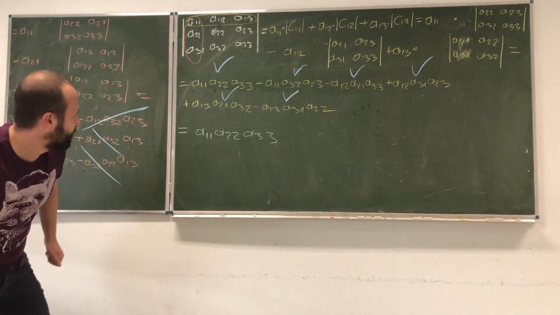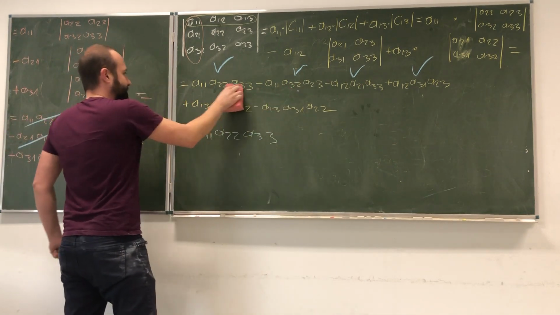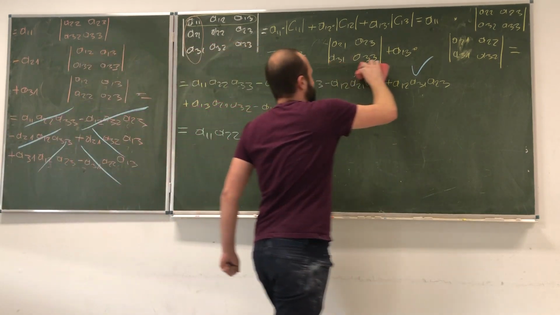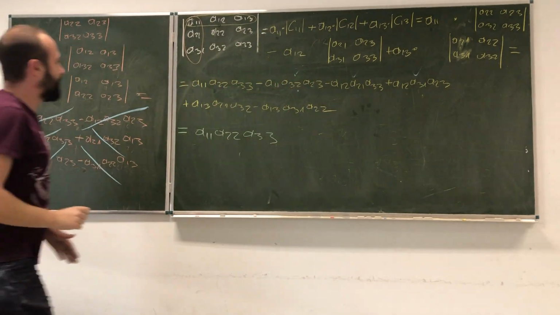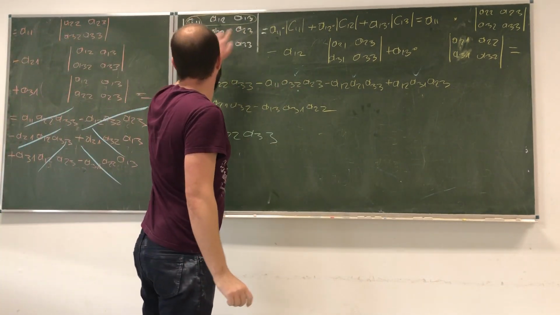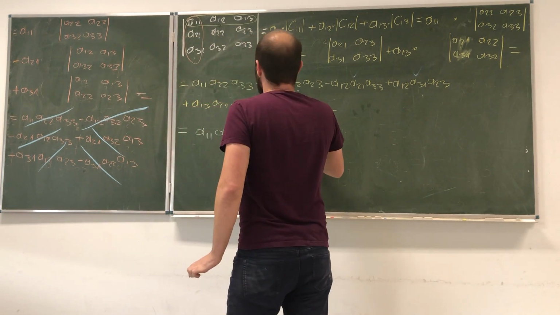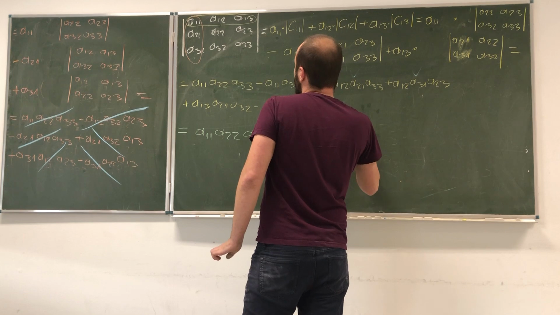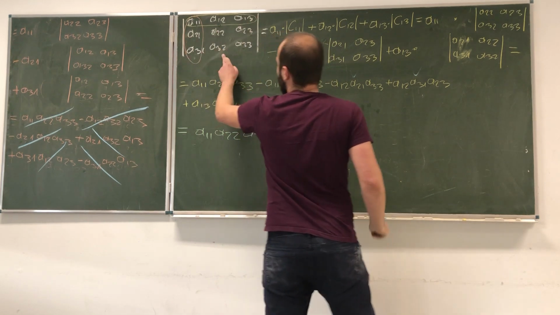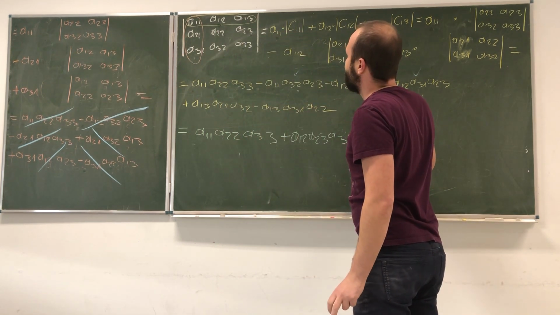Okay, let me just erase those blue tapes because we will have to use them again. Okay, then I would have A12, A23, A31, and then A13, A21, A32.